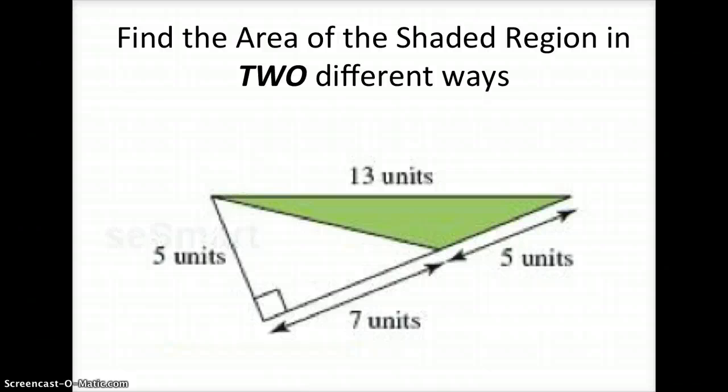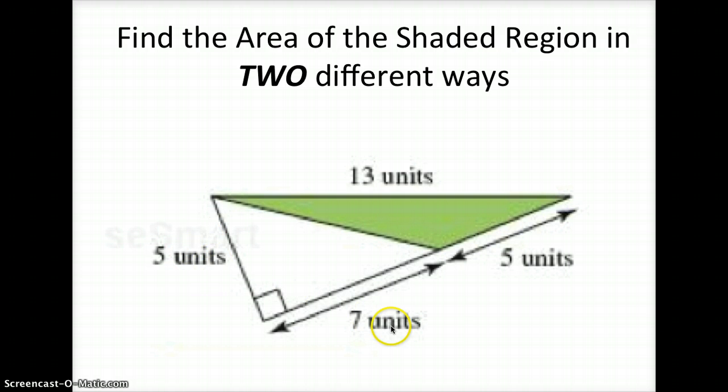And so oftentimes the question is going to ask you to find areas in 2 different ways, and we might use either shearing or the additivity and moving principles in order to be able to find these areas. In this case, you might think of this figure as having an area of 7 plus 5 as the base, or 12, times 5, which is the height, which is 60.